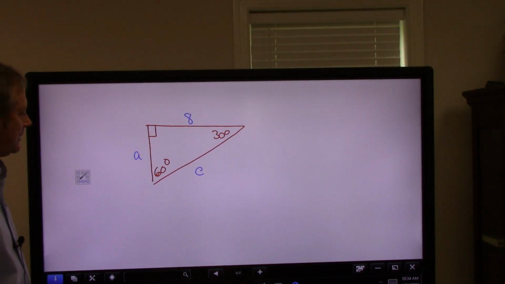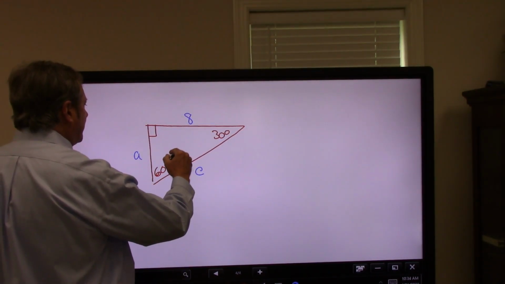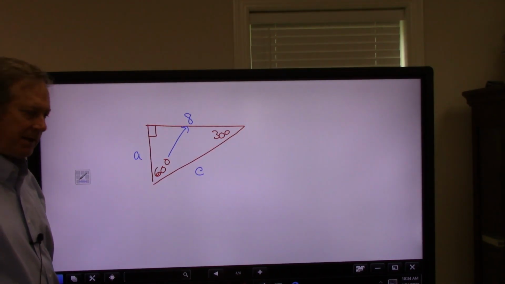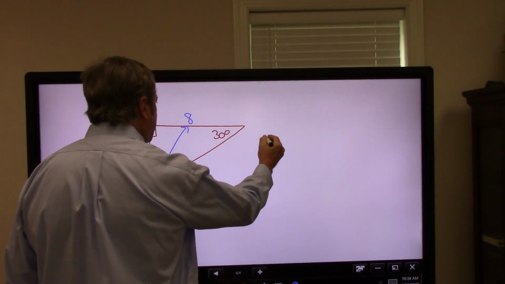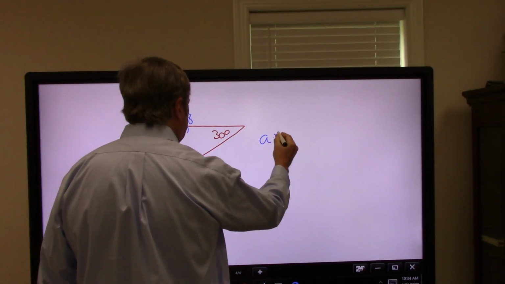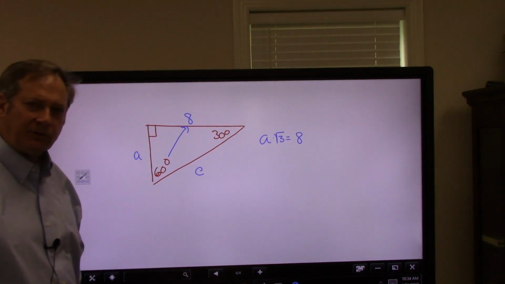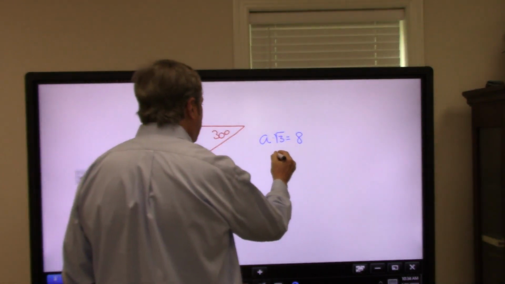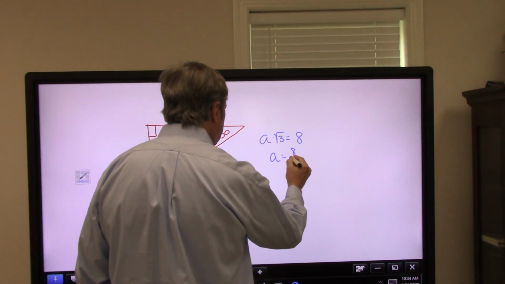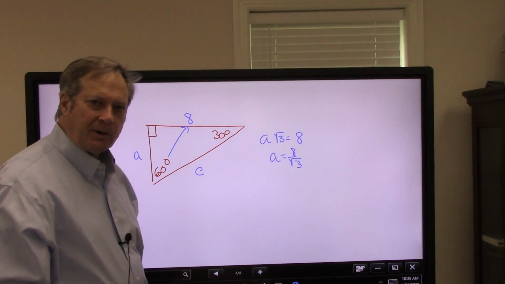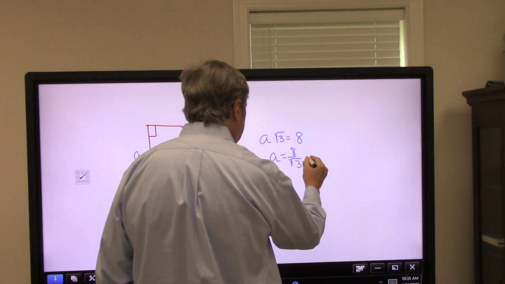Okay, well, we know that the side across from the 60 is this number times the square root of 3, right? So let's write it over here. We know that side A times the square root of 3 got us that side across from the 60. So we're going to divide both sides by the square root of 3. Once more, we have to rationalize that denominator.